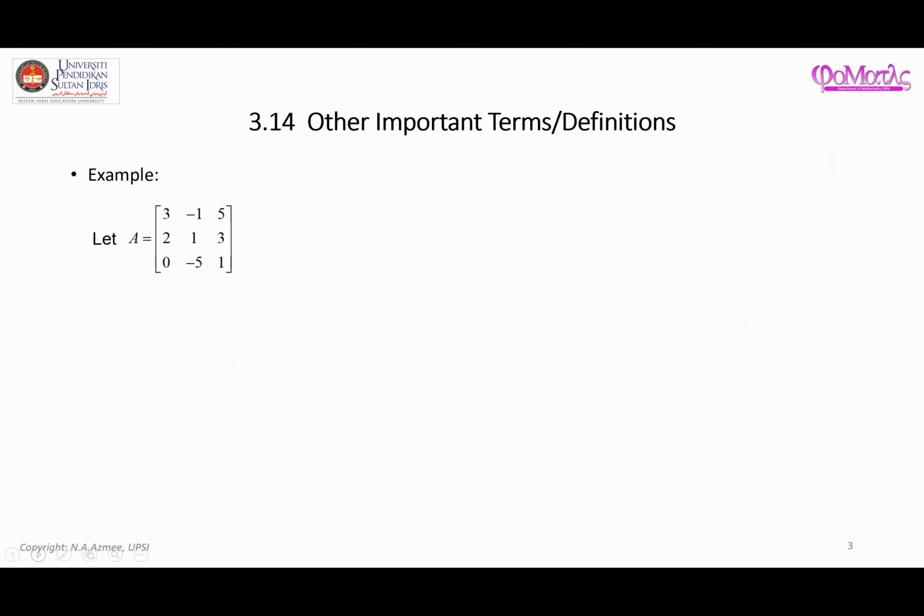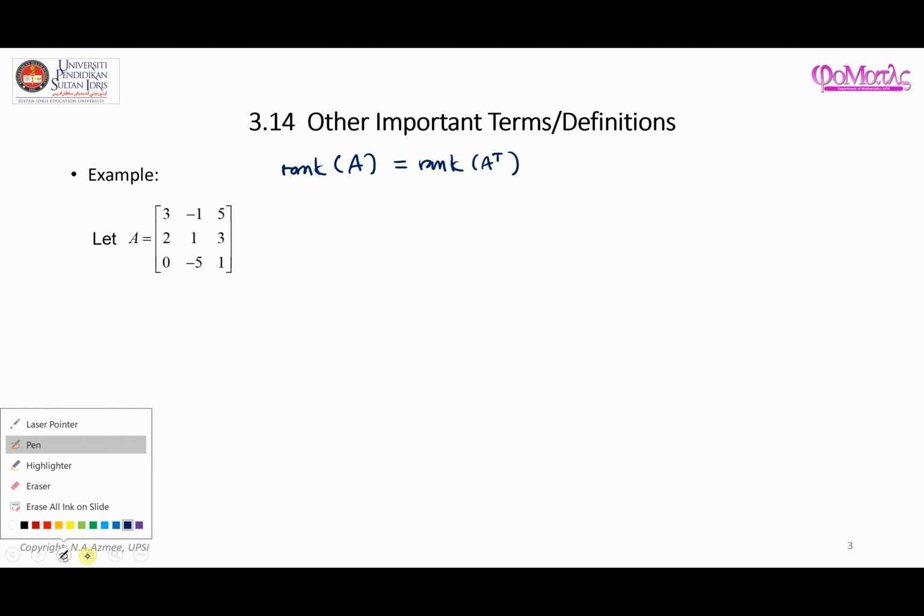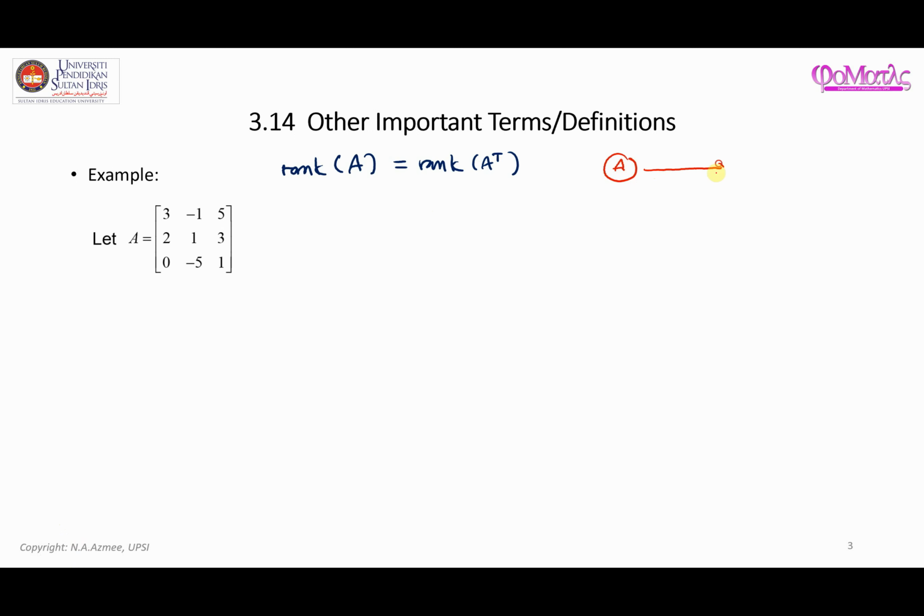Now here is a simple example. We're going to show that the rank of A is equal to the rank of A transpose, and we're going to start our discussion by finding the rank of A. So here the rank of A can be found if you consider, for example, here is matrix A, and you can consider doing elementary row operations and reduce this matrix to REF.